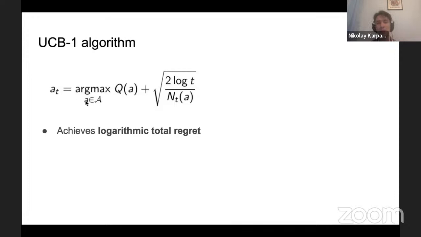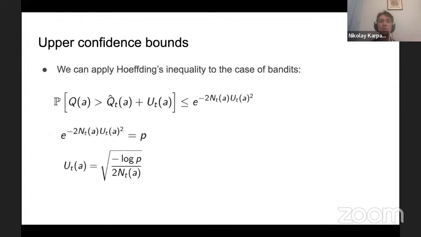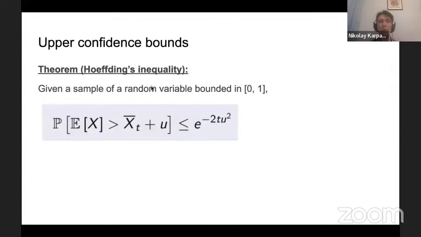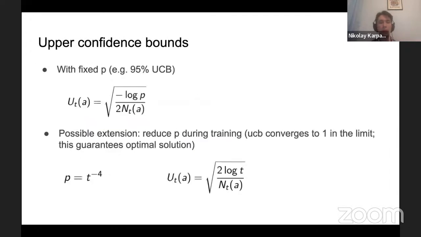So this gives us argmax over all actions of the Q function for this action, which is here the sample mean plus the square root, which we derived from Hoeffding's inequality using the decaying p schedule.